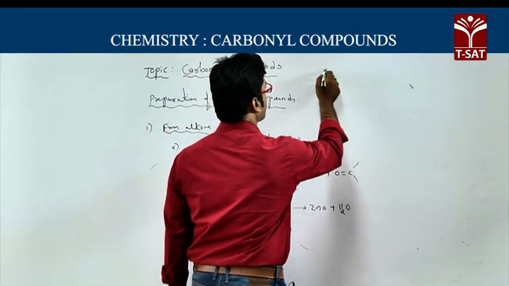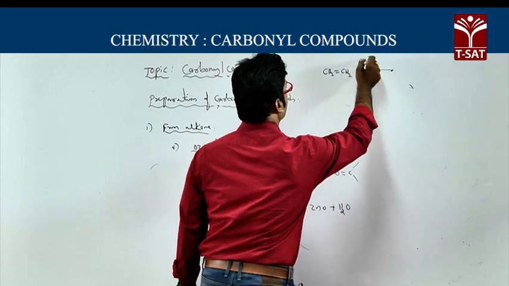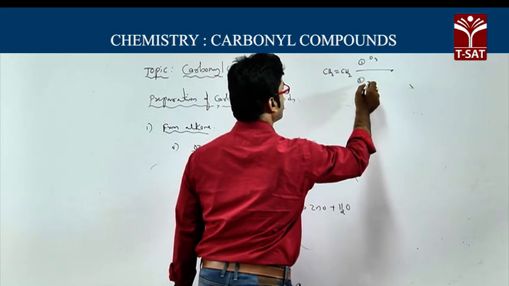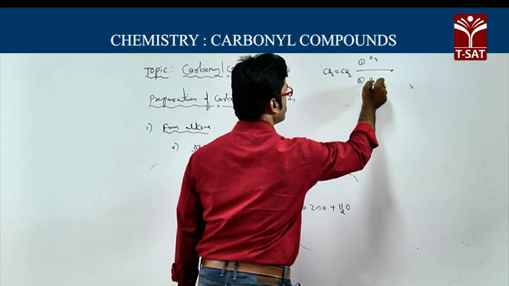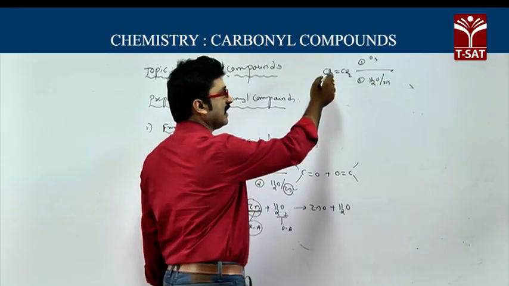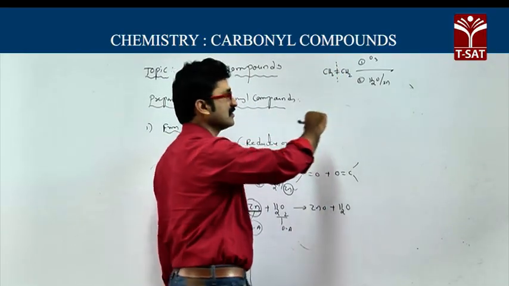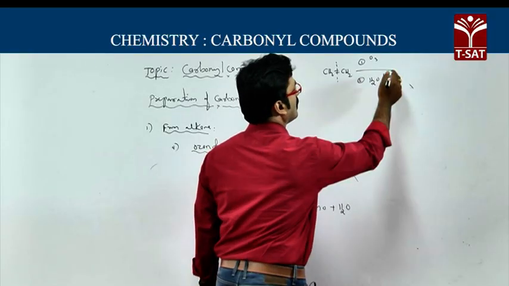Now next, CH2 double bond CH2. Here I am writing O3, and the second step is hydrolysis in the presence of zinc. Just now I said wherever a double bond is there, you have to break that bond and add oxygen.